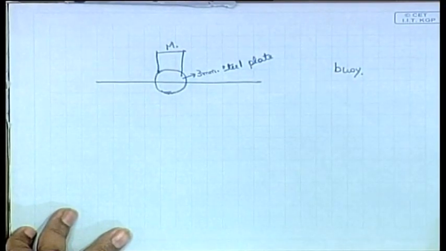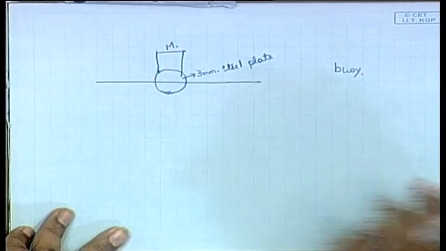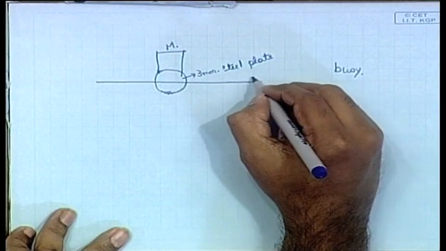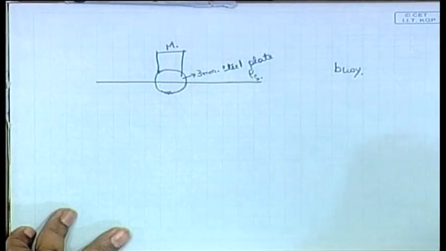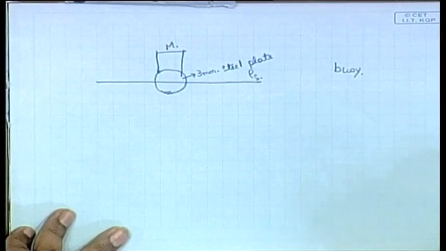The steel plate has a density of rho s, rho of steel. Your question is, what should be the diameter of this sphere to support the weight m? Obviously the sphere will have an outer diameter and an inner diameter.